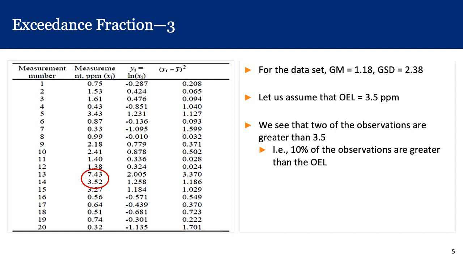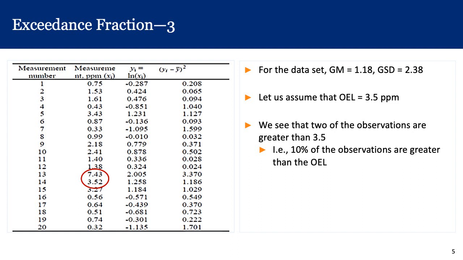So again, let's go back to the data set that we have been working with, the data set of 20 data points. And we have already calculated the geometric mean and GSD. The geometric mean is 1.18 parts per million, and the GSD is 2.38. And we are assuming that the occupational exposure limit is 3.5 parts per million.